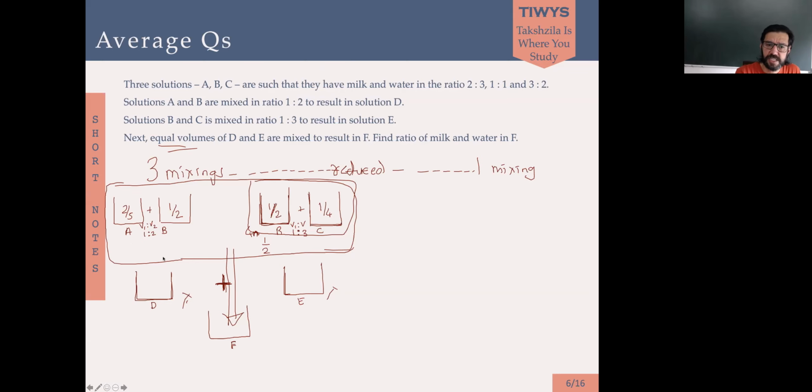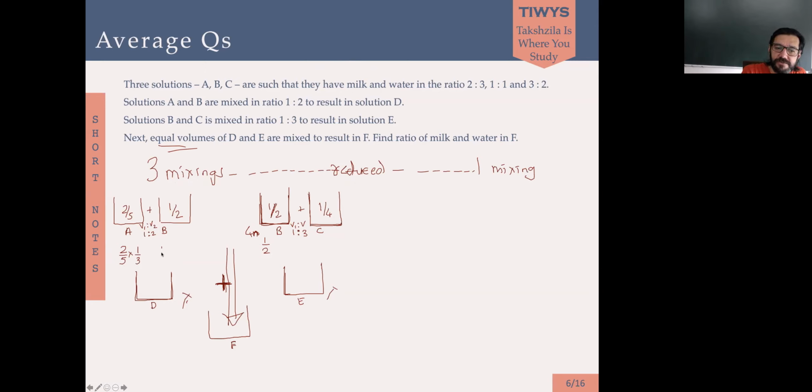Because fractions are involved, I use the fractional weight. 2/5 is the milk proportion, and I take the weight as 1/3.